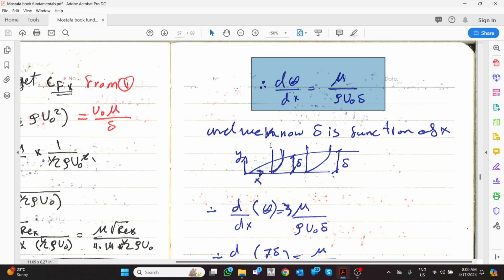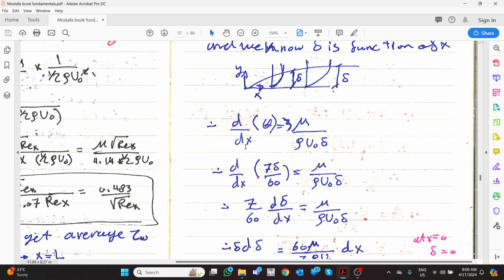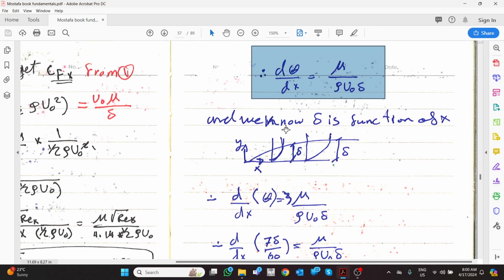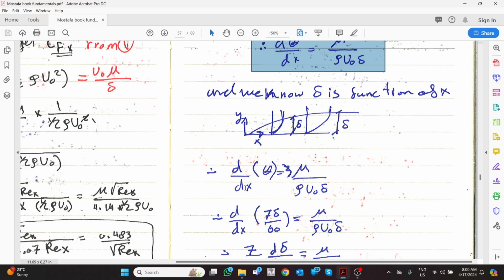Okay, so d theta by dx is equal to mu over rho u naught delta. I didn't do anything, huh? What is theta? I know theta is a function of delta, and I know delta is a function of x.